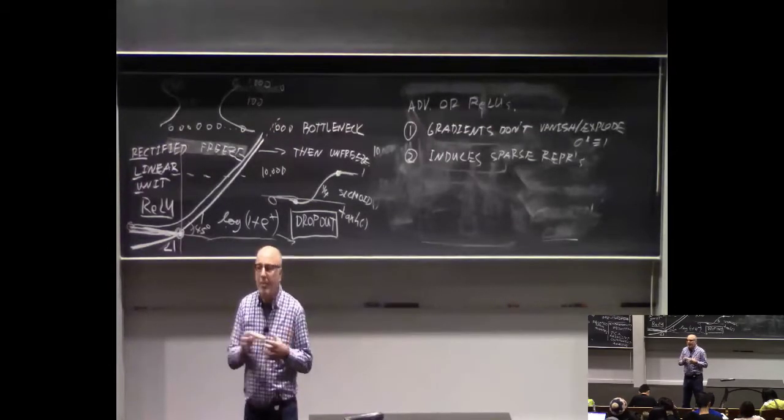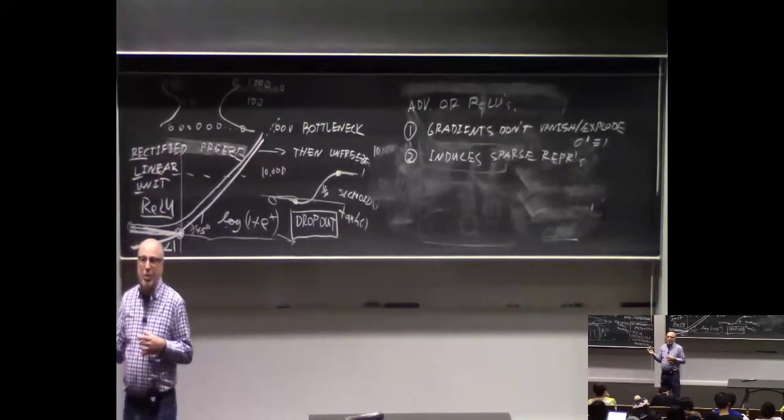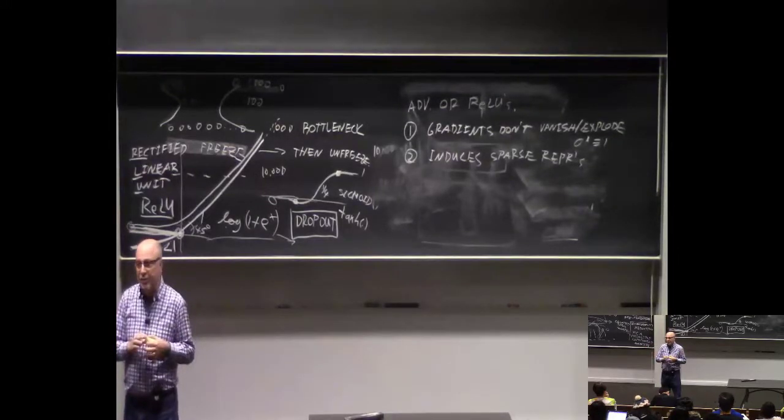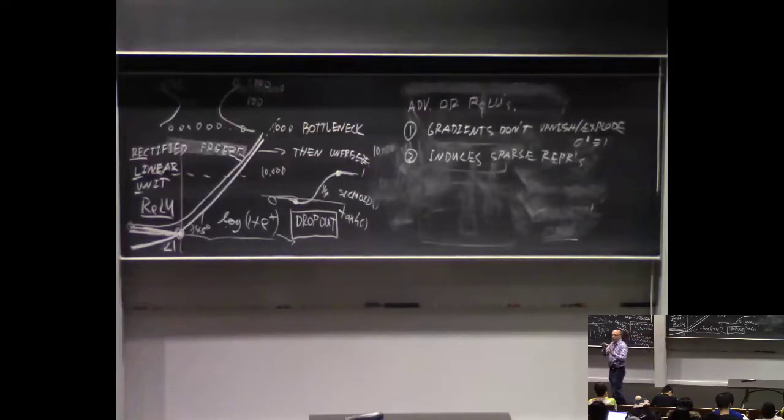The way it's implemented is during training. For each training example, we randomly remove a randomly selected subset of the weights, and then do the gradient calculation with regard to the network that doesn't have those weights.